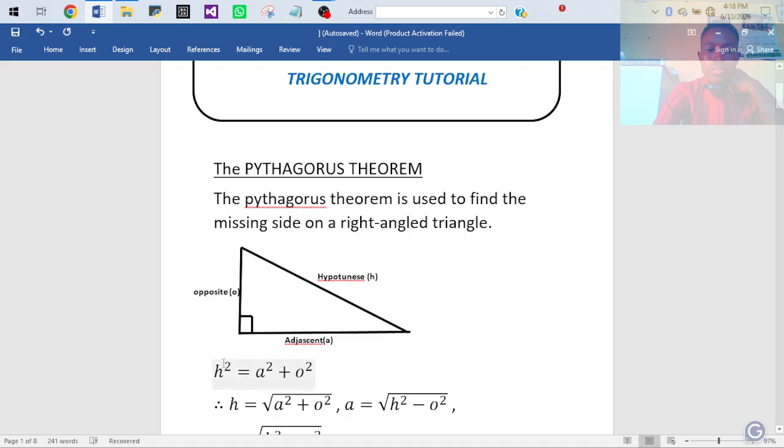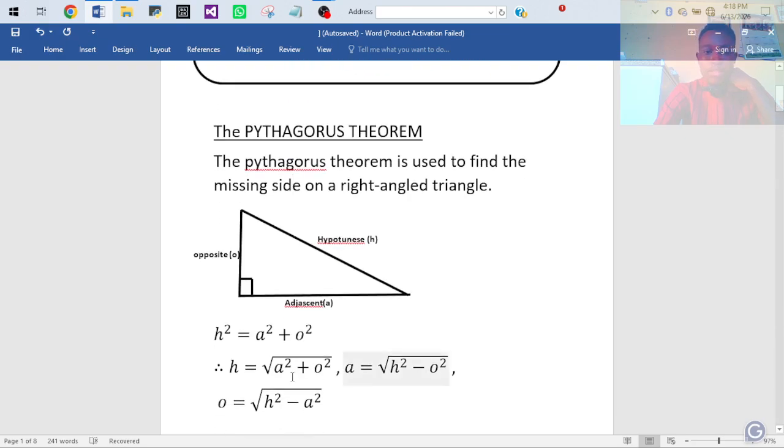When we want to find h, the hypotenuse, or o, or a, which is opposite and adjacent, just substitute into the formula. If you want to find the adjacent, then it's the square root of hypotenuse squared minus opposite squared. Similarly for the others, so these are the formulas we use to find the missing sides.